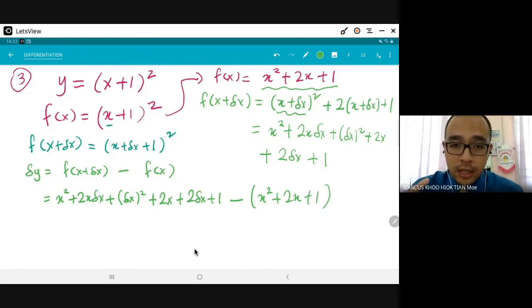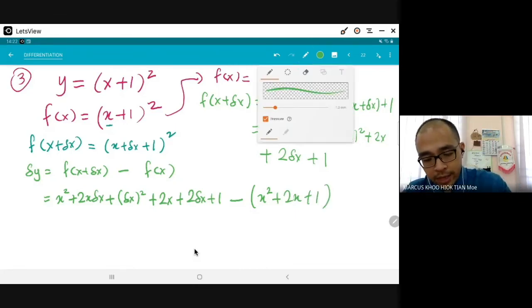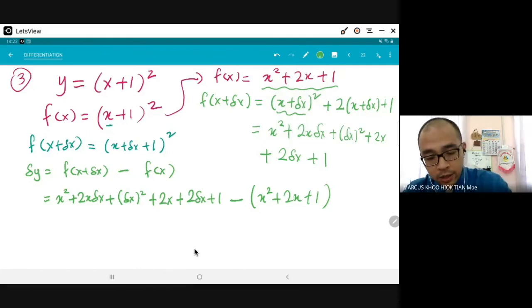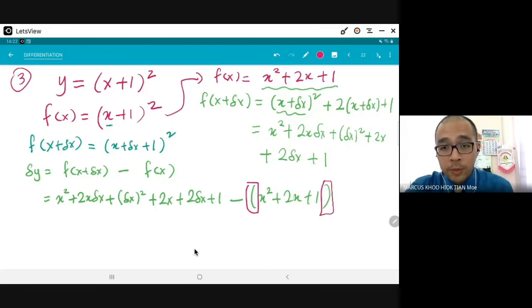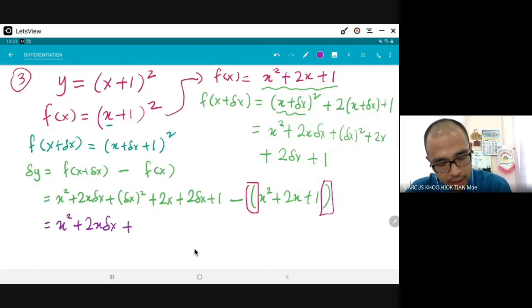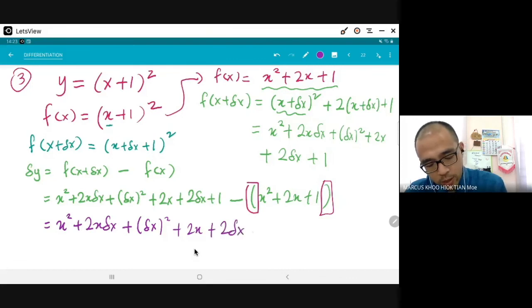It's good to take note that if there's a minus sign in front of this one, make sure that you put the brackets. Because when you open the brackets, it will all become minus. So this will become x squared plus 2x del x plus, oh my gosh, del x squared plus 2x plus 2 del x plus 1 minus x squared minus 2x minus 1.